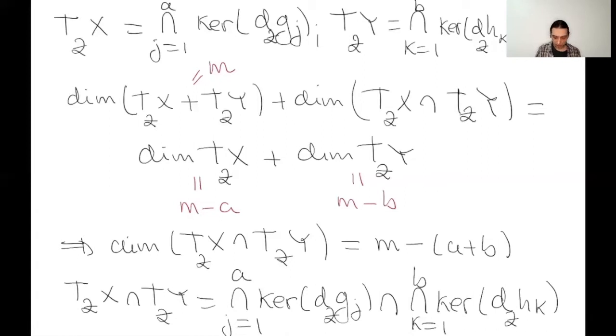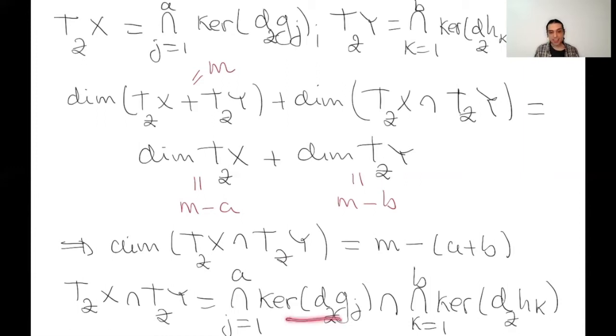On the one hand, the dimension of the intersection is m minus (A plus B). On the other hand, this intersection is the intersection of the kernels of A plus B linear forms, of A plus B elements of the dual vector space of the tangent space of M at the point C.